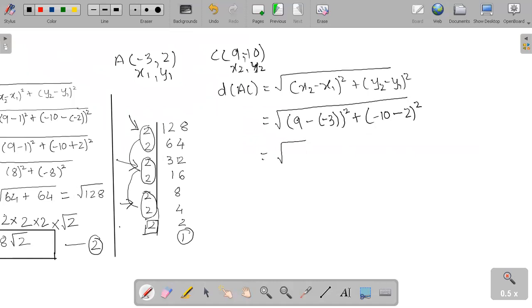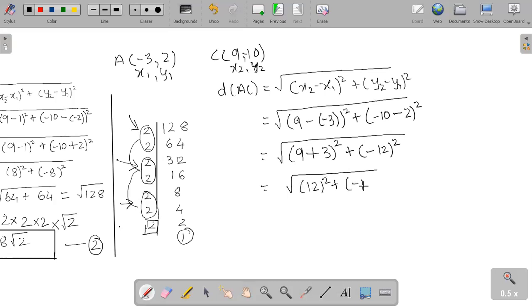Okay, I will simplify. So 9 minus of minus 3 will become plus. So 9 plus 3, the whole square, plus minus 10 minus 2 will be? Minus 12, correct, the whole square. And 9 plus 3 is also 12. So 12 square plus minus of 12, the whole square.